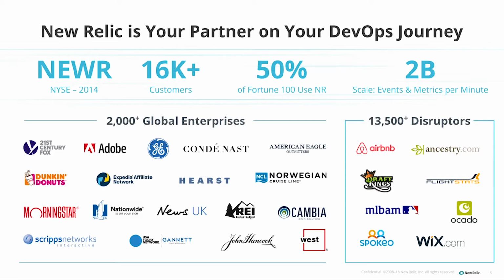We have over 16,000 customers, and I just had to change the number this morning. We were 1.8 billion, now we're 2 billion. So we are consuming data at a large scale, and we can take in all that data for you so you don't have to worry about your monitoring data, where you're going to hold it, how you're going to query it, all those things. We take care of that for you.